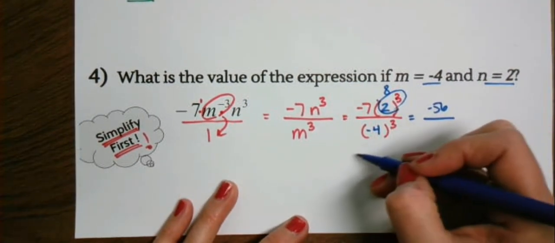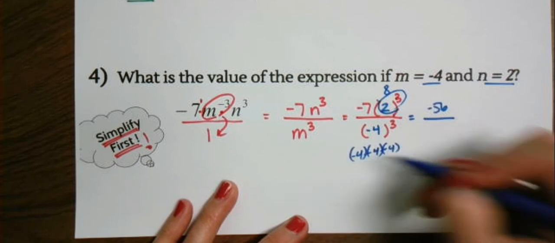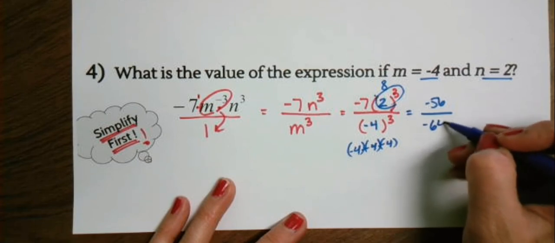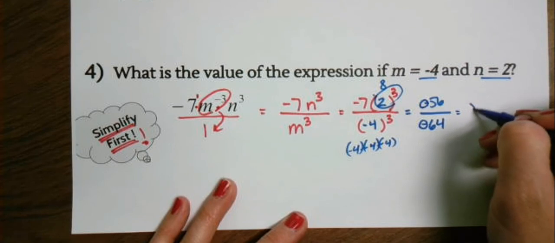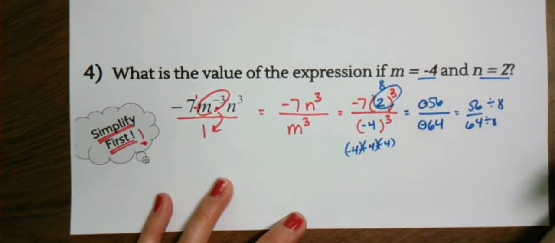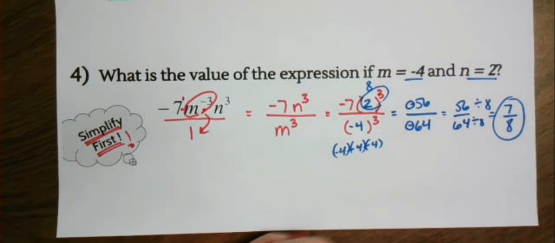And negative 4 to the third power, that's negative 4 times negative 4 times negative 4. I know 4 times 4 is 64. And so this is going to be negative 64. So a negative divided by a negative makes a positive. So this is 56 divided by 64, which are both divisible by 8. So I would end up with 7/8 as my final answer, simplifying.